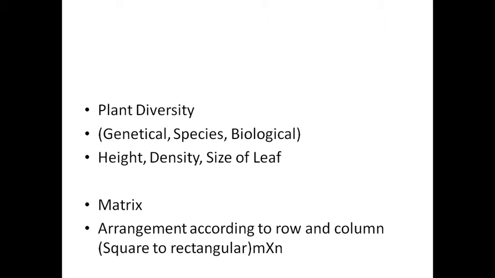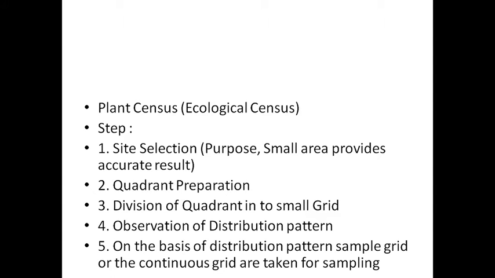Out of all these three main criteria, the height, density, size of the leaf, moisture content of the plant, or the root length of the plant, there are various attributes of plant diversity. Here we can only take the very simple attributes of plant diversity, and we will learn all these things from the perspective of geographical space.